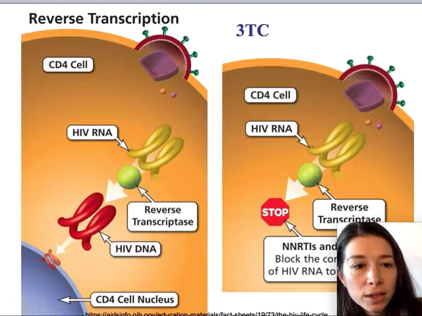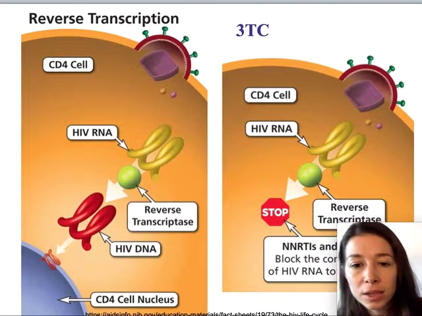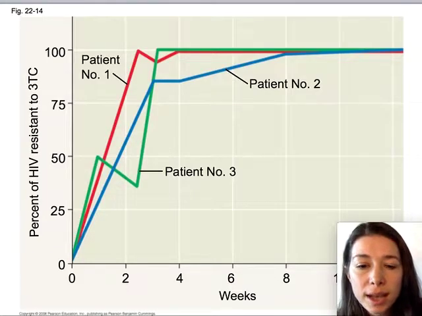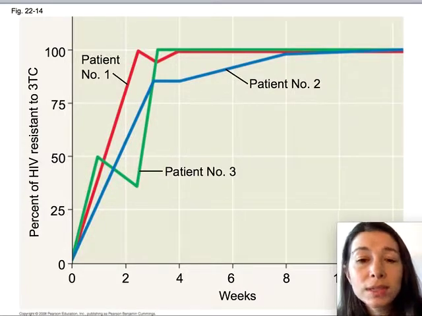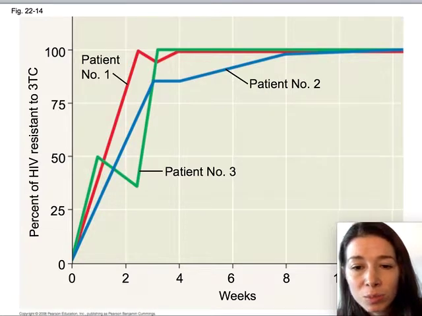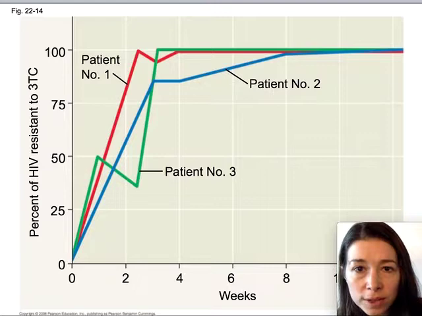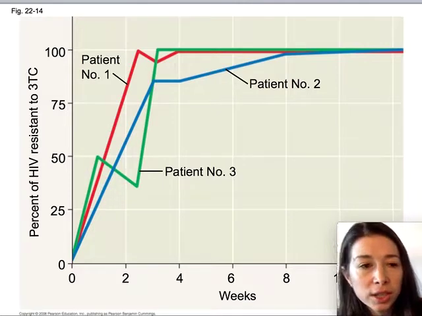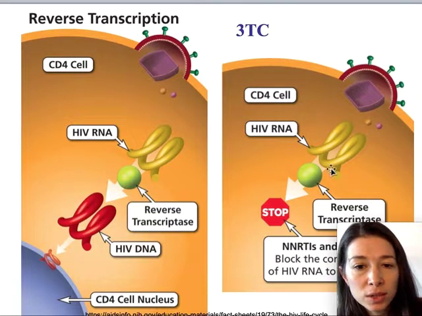What's kind of scary and interesting at the same time is that the virus itself has evolved to be resistant to that drug. What that means is at some point there was some mutation in the virus so that the drug would not block it anymore. It's a mutation in this protein right here that the drug acts on.